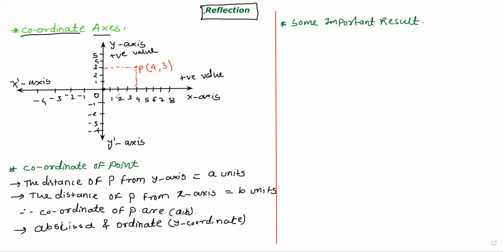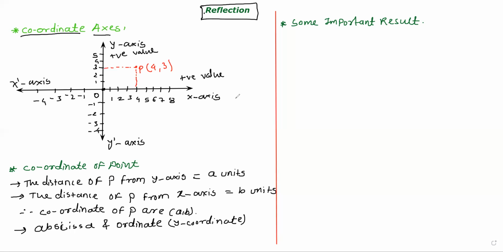The distance of P from the y-axis is 4 and from the x-axis is 3 in this case. So the coordinates of P are 4 comma 3. This is the point we have shown on the coordinate axes.